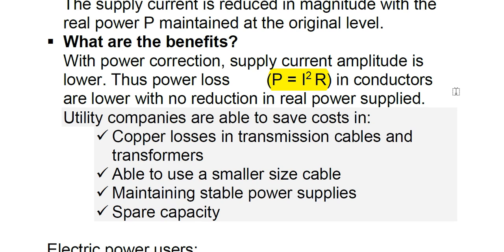So if we can find a way to reduce I, the current level, since we already reduce R, the resistance, by using very good conductors such as copper, then by improving the power factor to close to unity, we effectively reduce the current that needs to be delivered from the power station all the way to where the users need electricity.